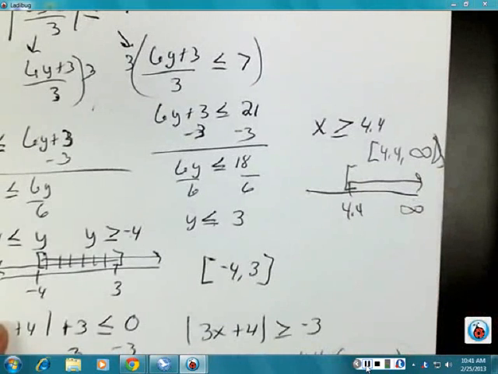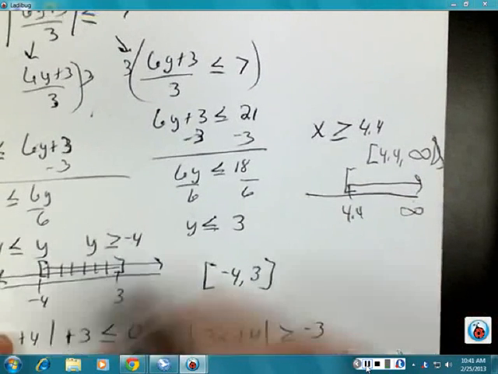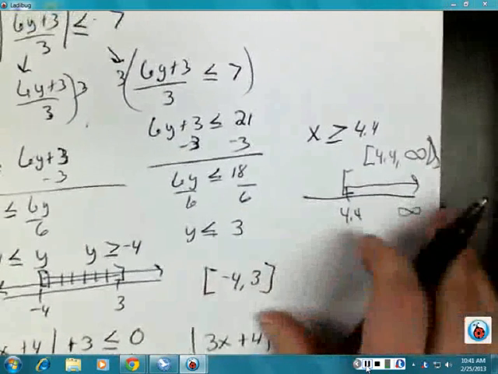Does that help? Okay, good. But again, that's basically all of the stuff that's in there. Make sure you watch out for those negatives and getting your negative values in there.